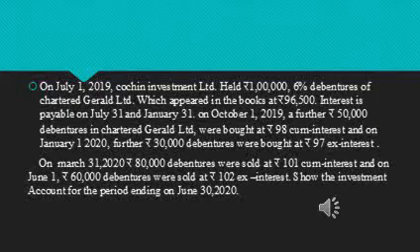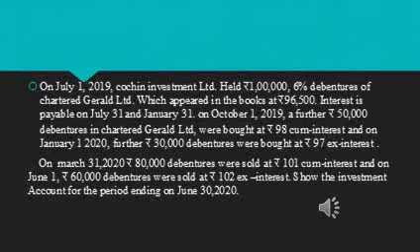We'll understand investment accounting with an example. On July 1st, 2019, Cochin Investment Limited held rupees 1 lakh 6% debentures of Charter Jural Limited, which appeared in books at rupees 96,500. That is the cost. 1 lakh is the face value amount. The interest is payable on July 31st and January 31st.